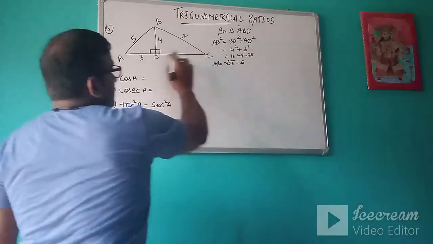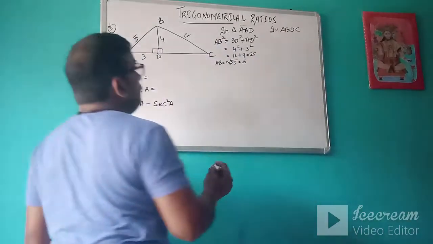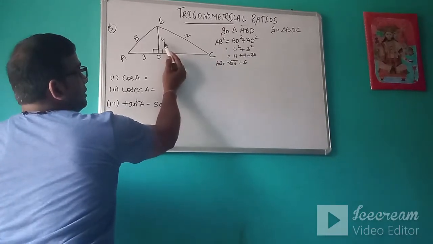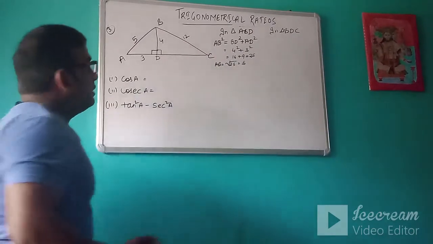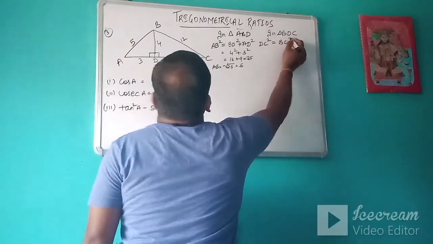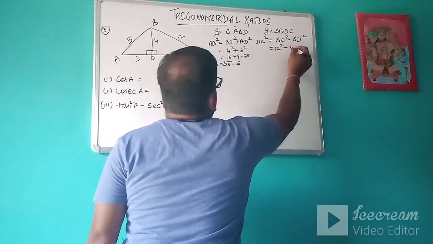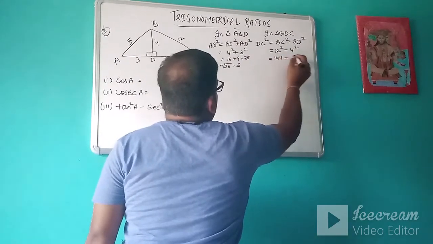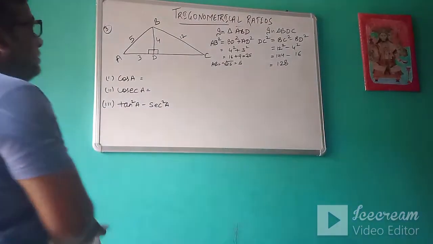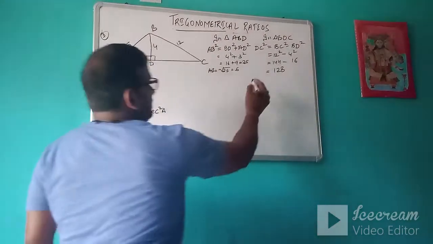Now again we will consider one more right angle triangle, triangle BDC. If you see this triangle BDC, BC will be your hypotenuse, this DC may be your base, and this BD may be your perpendicular. So we will find DC, and how will we find DC? DC square is equal to BC square minus BD square, that is 12 square minus 4 square, 144 minus 16, that is 128. So what is DC?